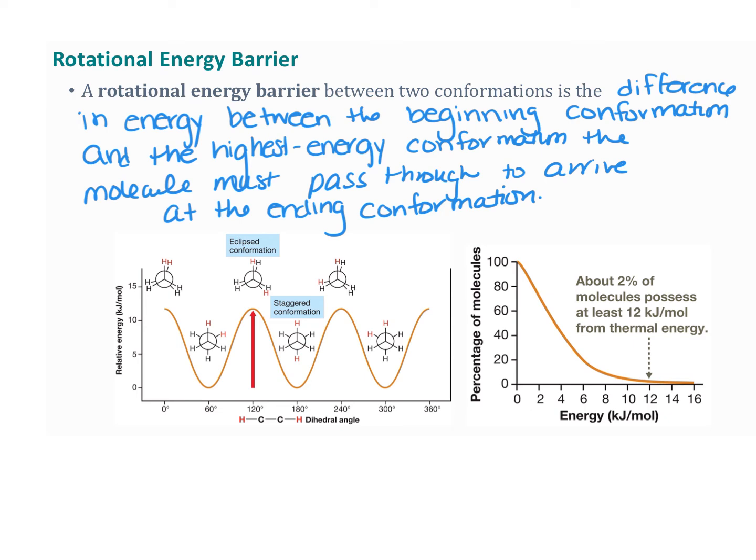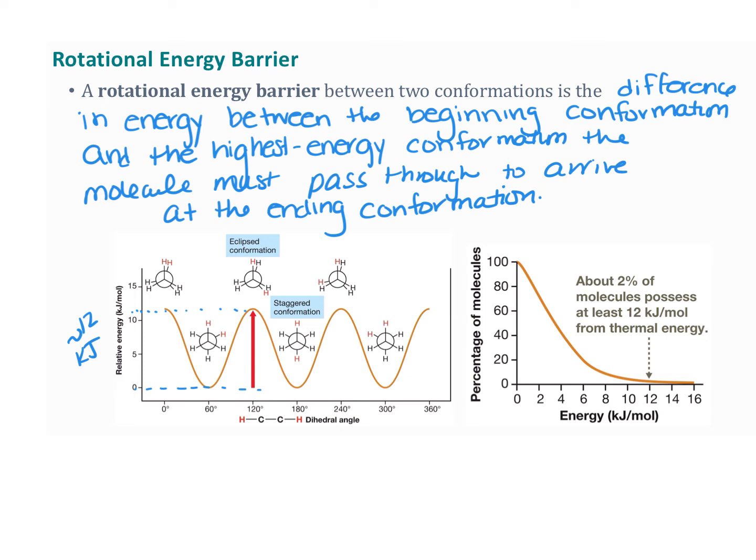In the case of ethane, this is simply the difference between the staggered and eclipsed conformations, right around 12 kilojoules. We can see where we're getting that 12 kilojoules: there's 0 kilojoules, 12 kilojoules, that's what we're looking at.